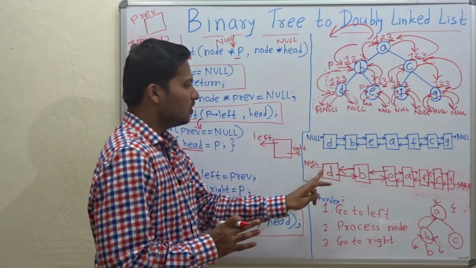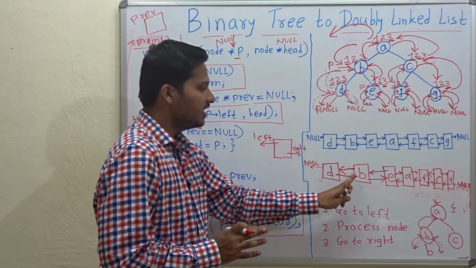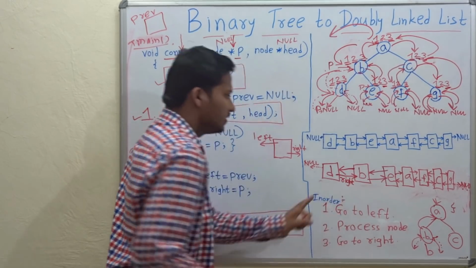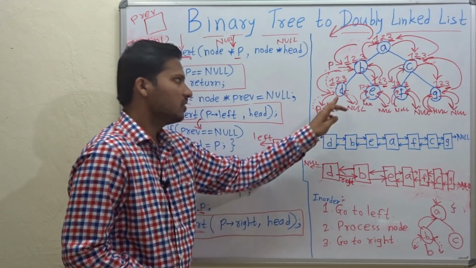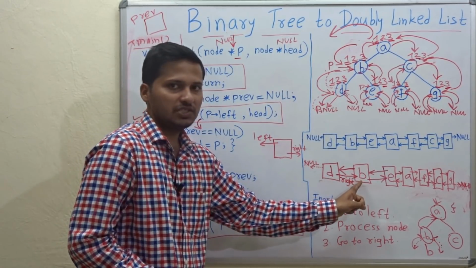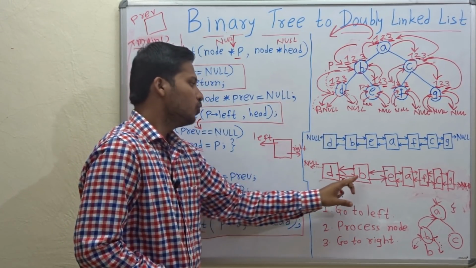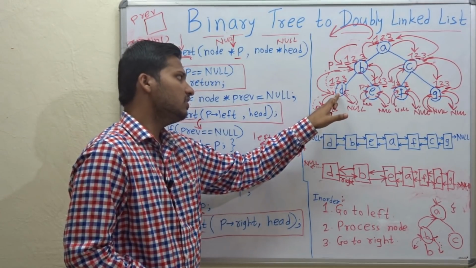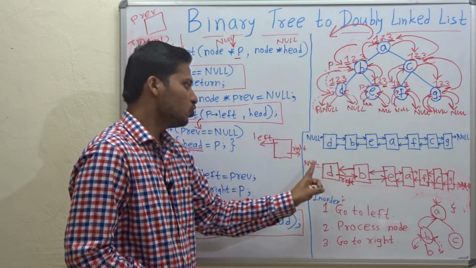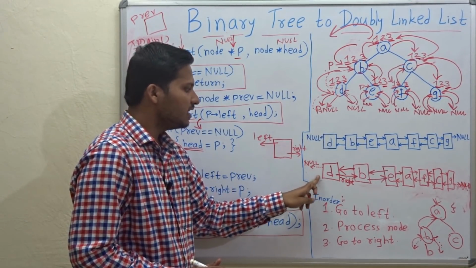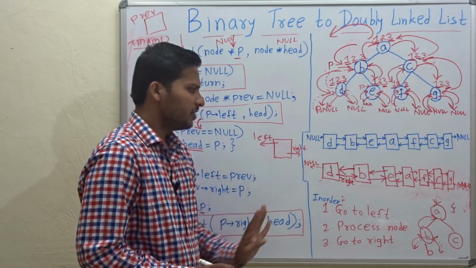But for this node, we have changed the right pointer. The right pointer of this node is changed to B, and the left pointer is not changed, meaning it already points to null, and that is permanent here. It already points to null and it will point to null forever.